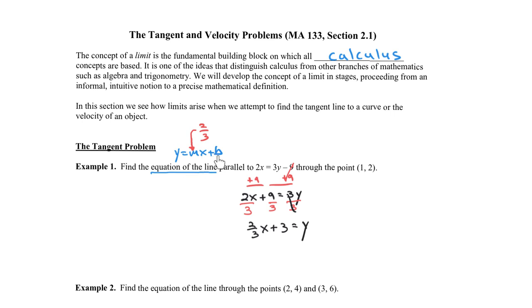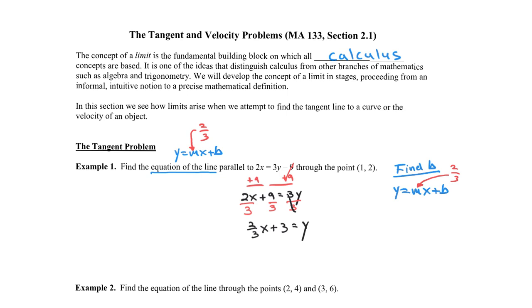Now we just need to find b, and we can find b by using this point. To find b, I'm going to use the equation y = mx + b. I'm going to plug the slope, 2/3, in for m.